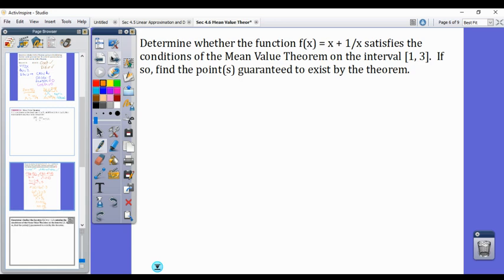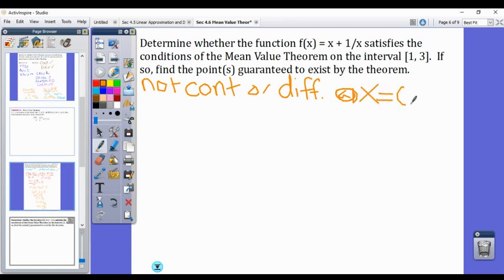And that makes sense because I have a fraction in this case, but it doesn't matter because 0 is not in the interval of interest. So it's not continuous or differentiable at x equals 0. But that's not in my interval, so I don't care.